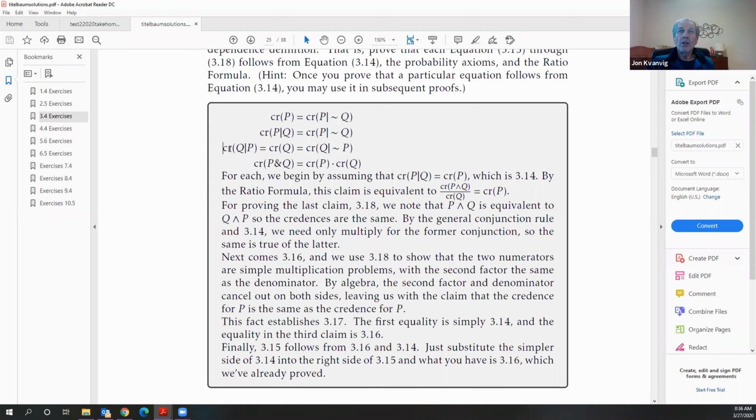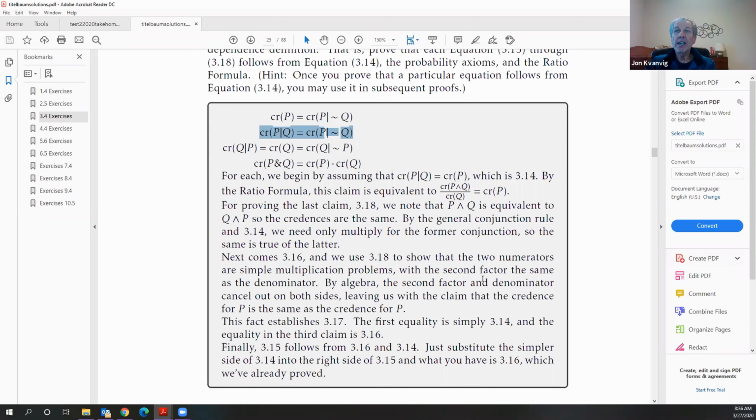Well, let me just run through what I have here. Next comes 3.16, which is this one. And we use 3.18 to show that the two numerators are simple multiplication problems, with the second factor the same as the denominator.